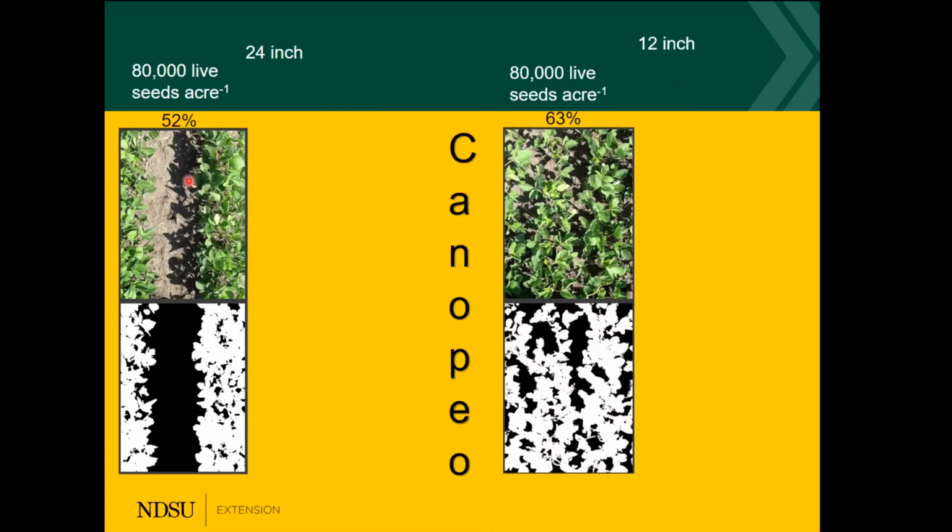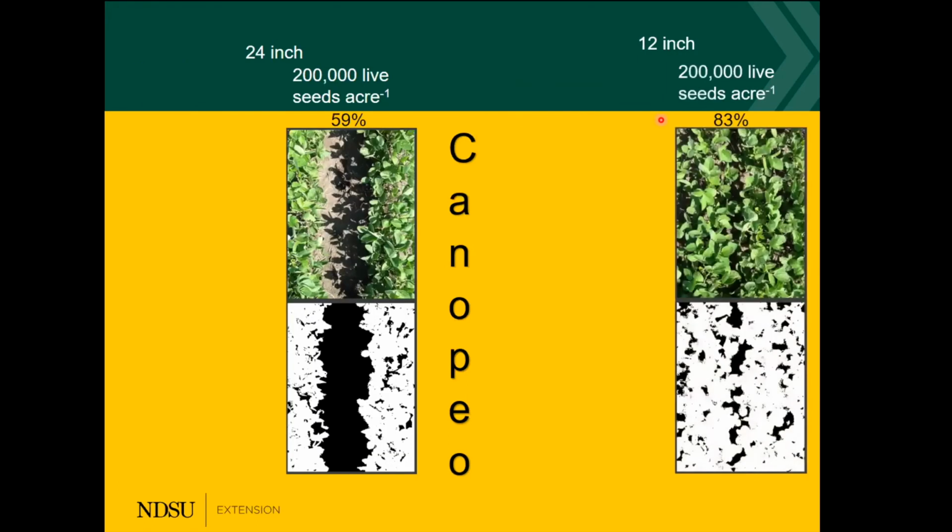So here you can see 52%, 63, the only difference, same seeding rate, 80,000. That was the row spacing. So if we look at 24 with high seeding rate, we go from 59 to 83. So in other words, when we can intercept more sunlight, we get higher yield.